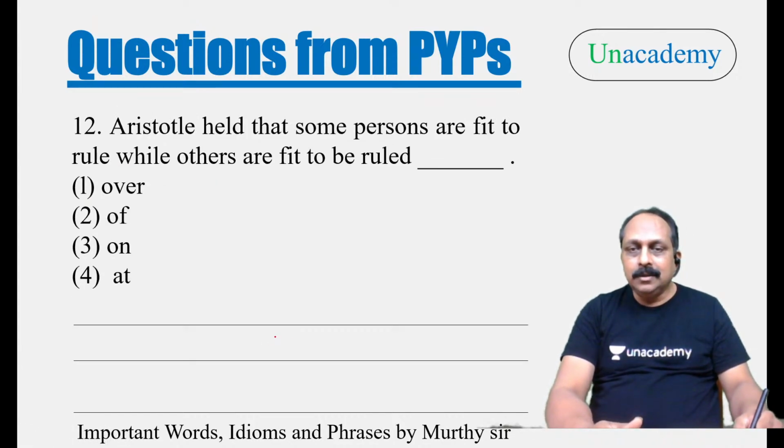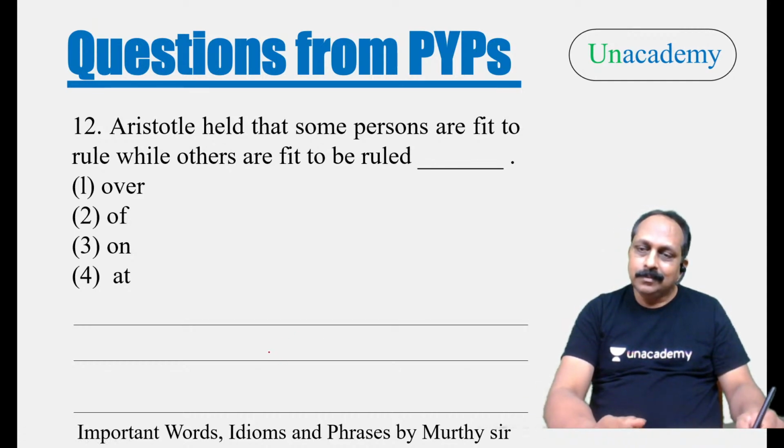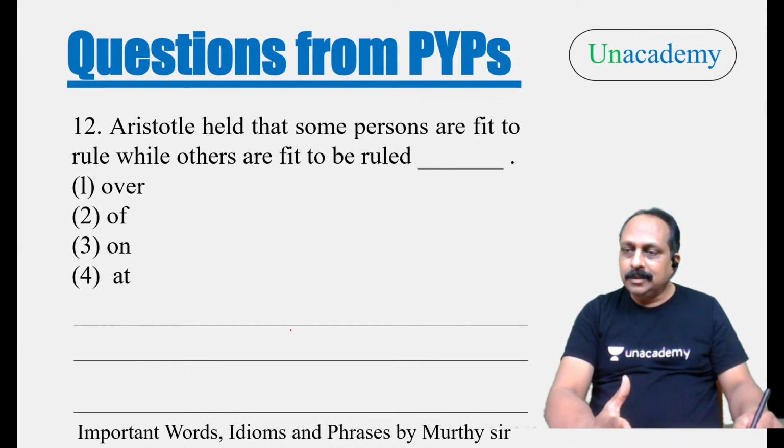Aristotle held that some persons are fit to rule, while others are fit to be ruled. Ruled what? The last word. If you are exposed to the language, it is easy.